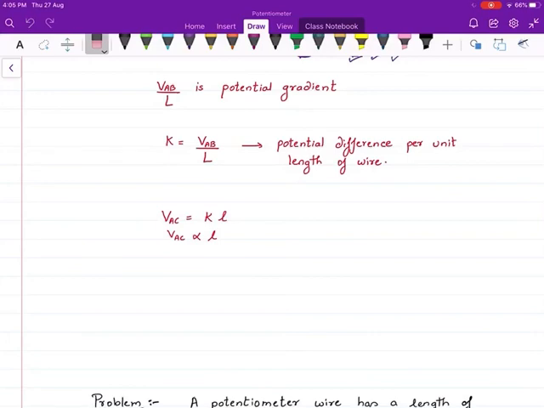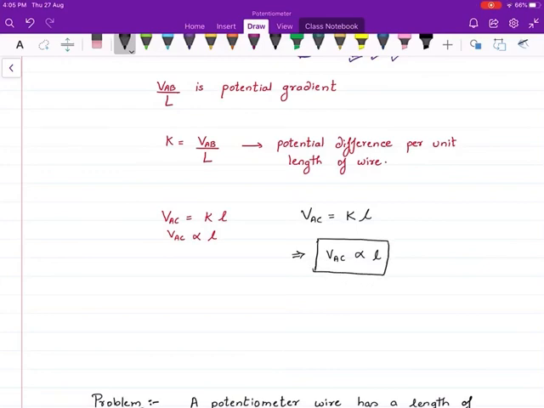So I can write VAC is equal to K, where K is the potential difference per unit length, into the length. Is it not? And K is a constant. So this implies that VAC is proportional to l.